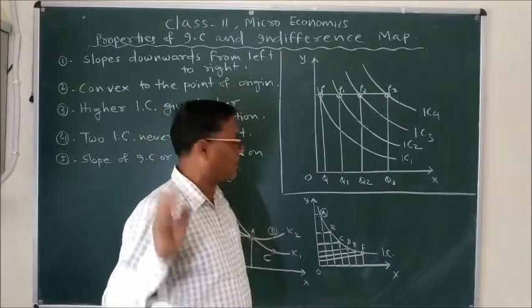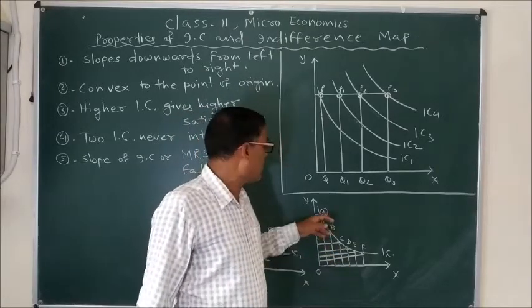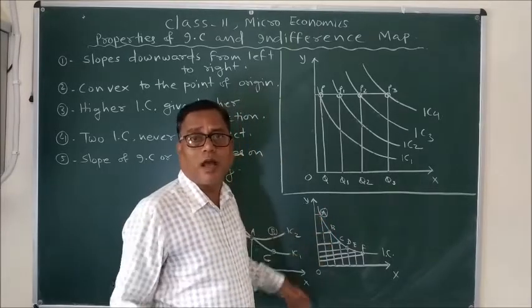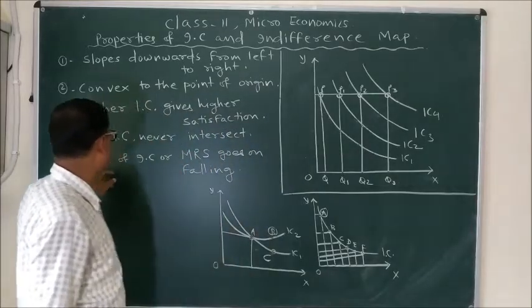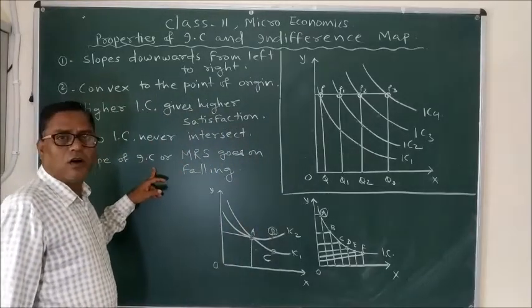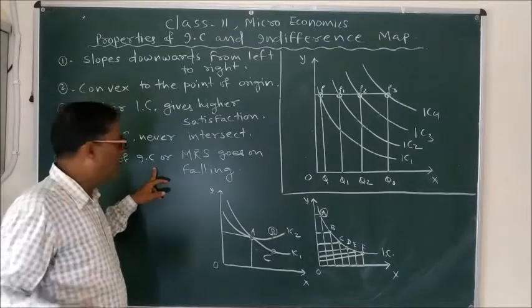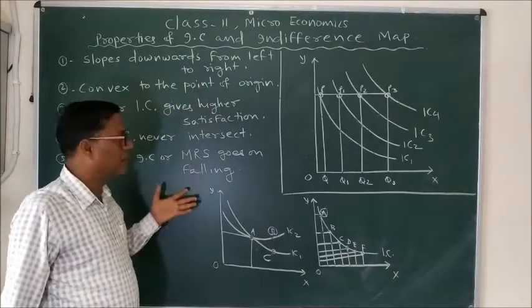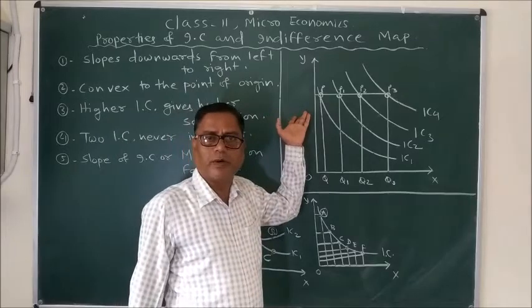And that exactly is the reason why at a later and later stage, the consumer will be willing to sacrifice lesser and lesser amount of Y in exchange for one more unit of X. And that's why we can say slope of IC or marginal rate of substitution or del Y upon del X goes on falling. So all these are different characteristics of indifference curve along with the meaning of indifference map.